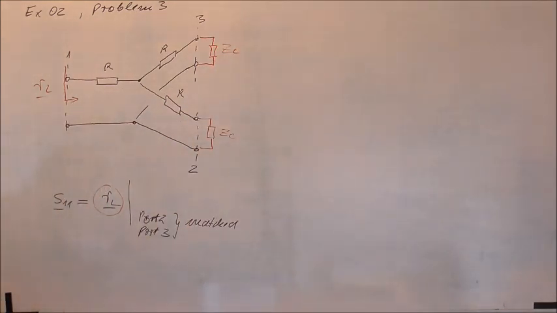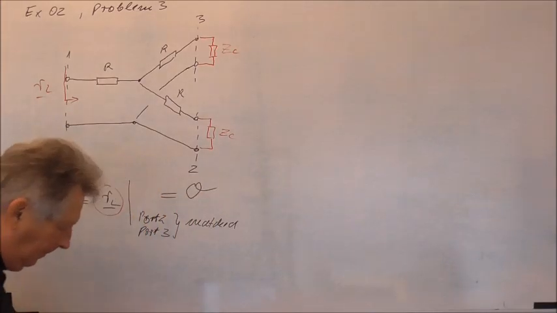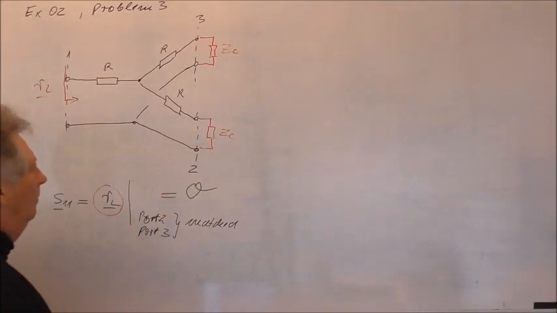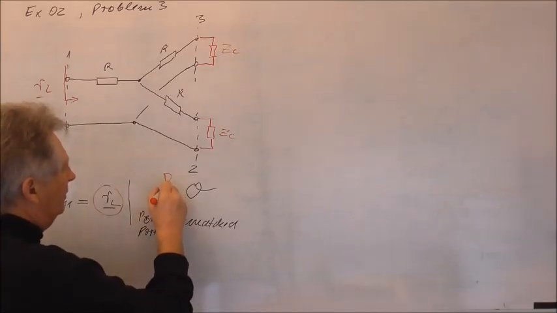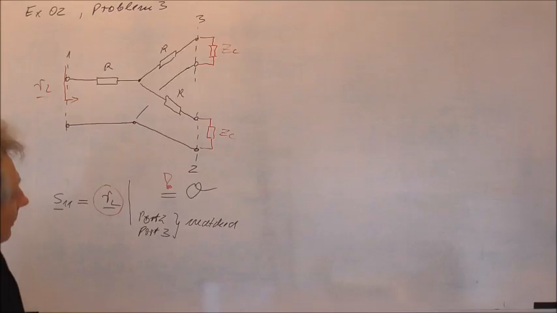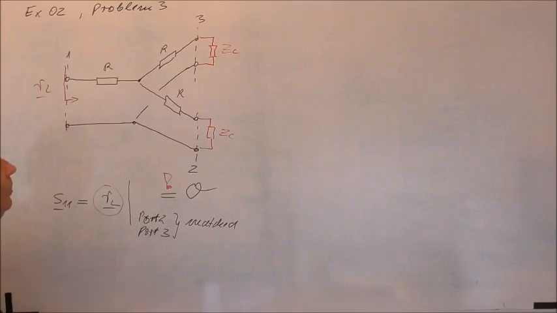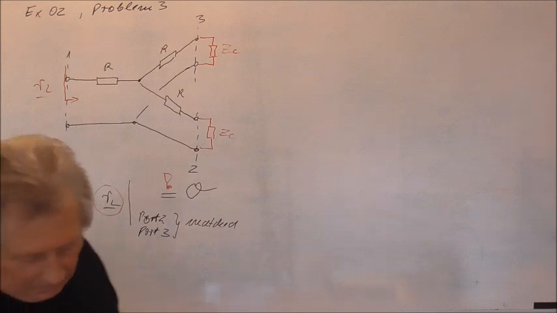And this should be 0 by definition. The question now is, how do I have to choose the resistor so that this equation is fulfilled?